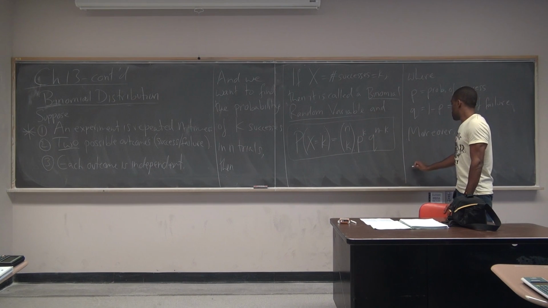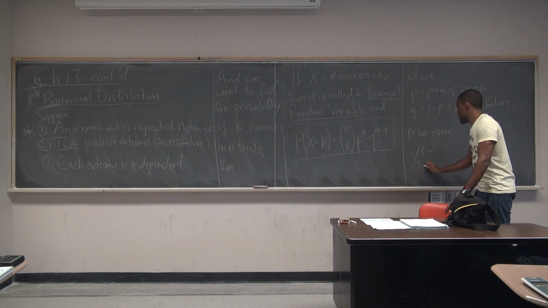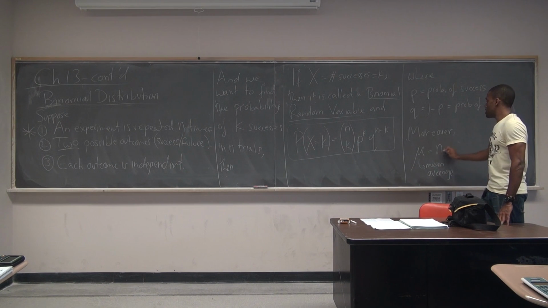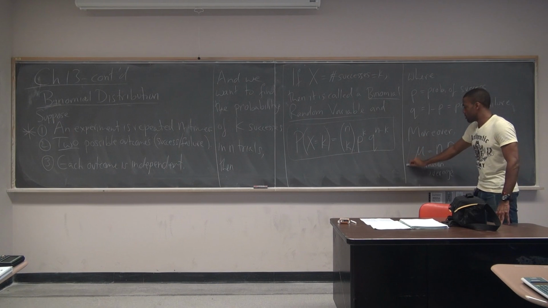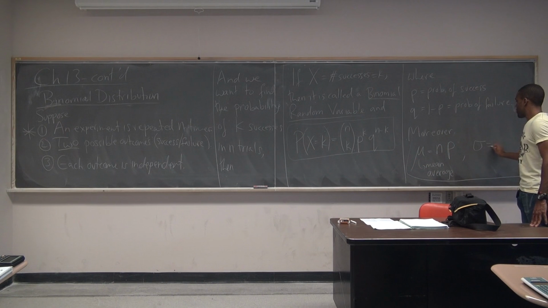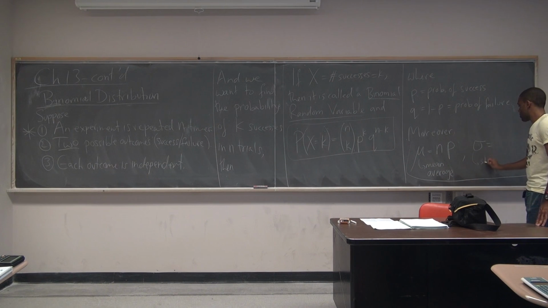Moreover, we know that mu, the mean average, is equal to n times p. That's also something that you need to know. Moreover, sigma, the standard deviation, is equal to the square root of n times p times q.